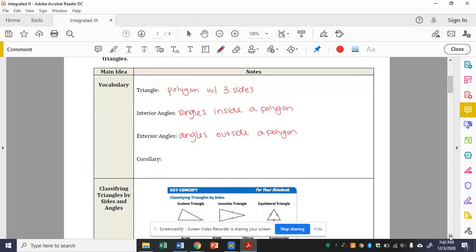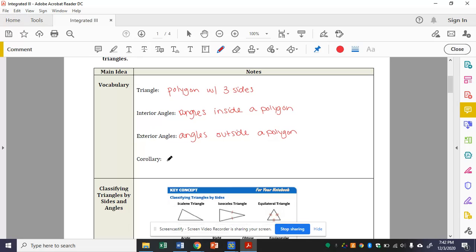And then we have this word corollary that we want to define. A corollary is not necessarily a geometric term that we talk about with polygons. It's more of something that would go along with the definition of a theorem or a postulate that we've talked about. It's kind of like one of those rules.